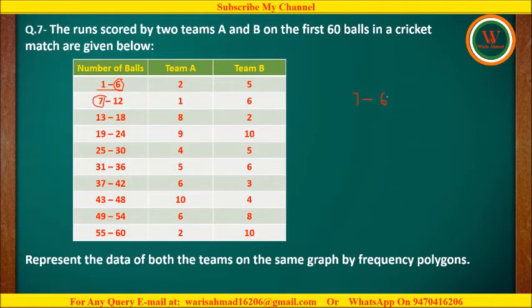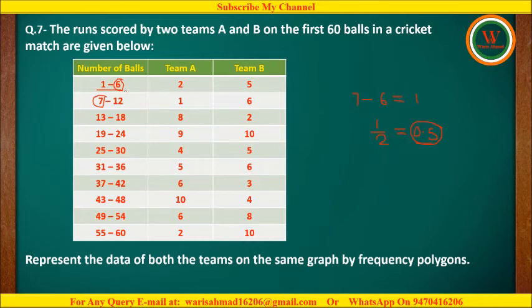Then we will find the difference between these two, that will be equal to 1. After that we have to divide this difference by 2. Always we have to divide this difference by 2. The result will be equal to 0.5. After getting this value 0.5, we have to subtract this value from the lower limit and we will add this 0.5 to the upper limit of each class.